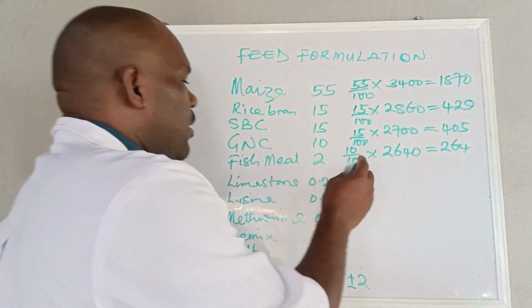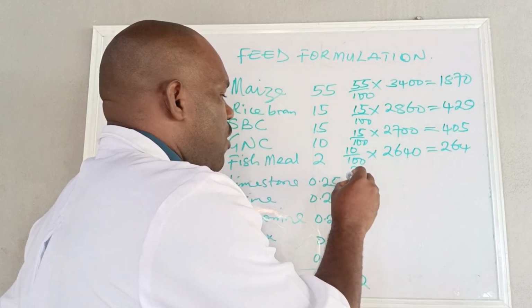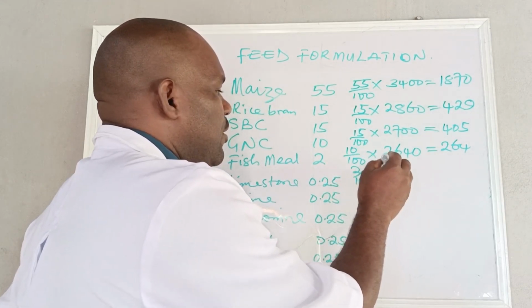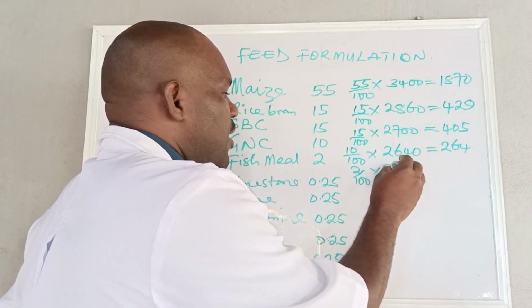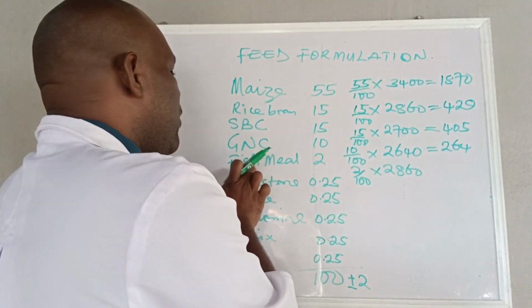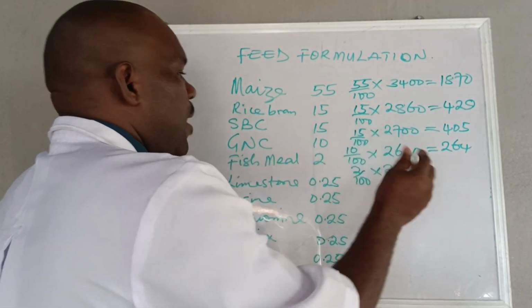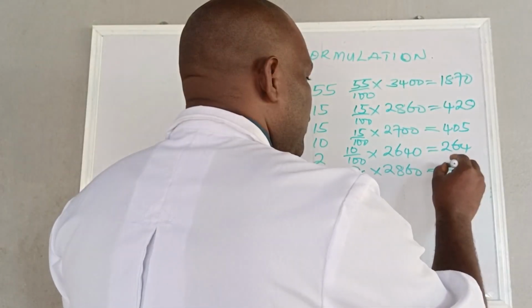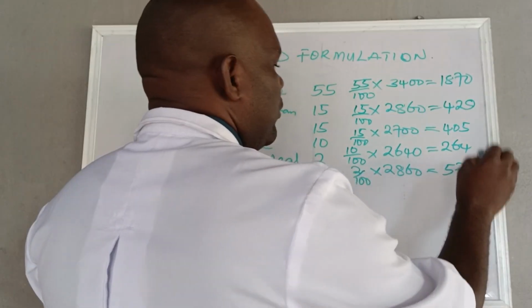Then fish meal: 2 over 100 times 2,860, the energy value of fish meal, and that will give you 57.2.